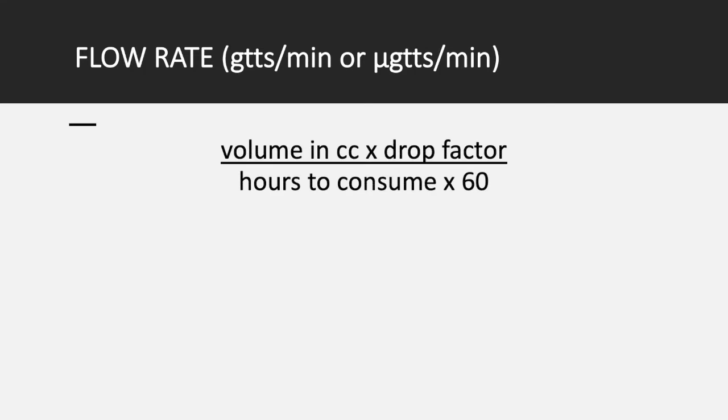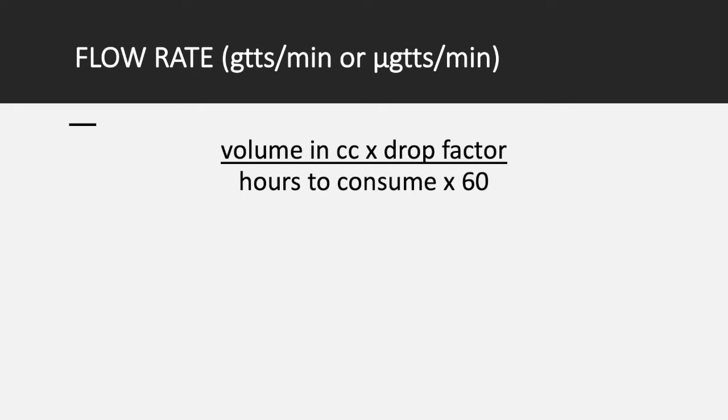So, I will just make the formula easier to remember. We have the volume in cc or ml times drop factor divided by the hours to consume times 60. 1 cc is equivalent to 1 ml, so you can use either cc or ml.